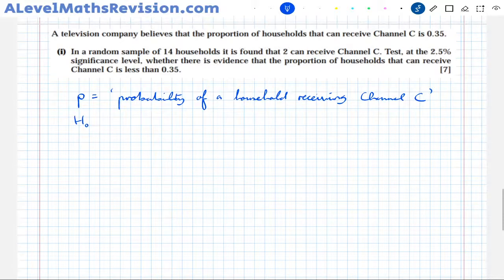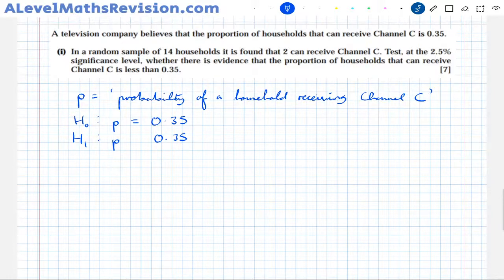Our null hypothesis, well, we're going to take for granted what they say. We're going to believe them, give them the benefit of the doubt that 35% of households, proportion of 0.35, actually receive channel C. Can you type in the chat what the alternate hypothesis is? P something 0.35.